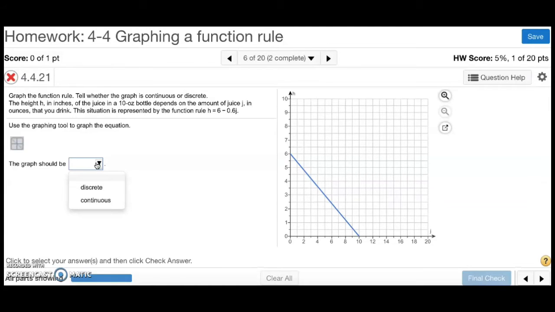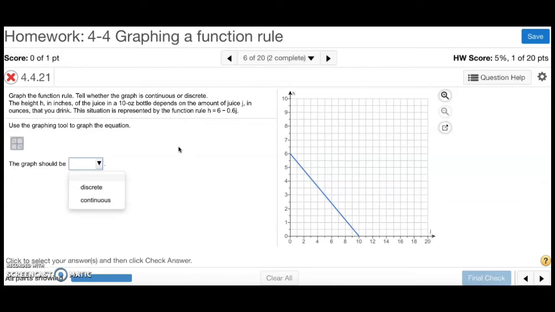That's determined by our situation. Here we have the amount of juice. Now juice, we can have 0.3 ounces, 0.2 ounces, 1.5 ounces, 2 ounces. We can have any small or large amount of juice possible. It's not limited to whole number values.